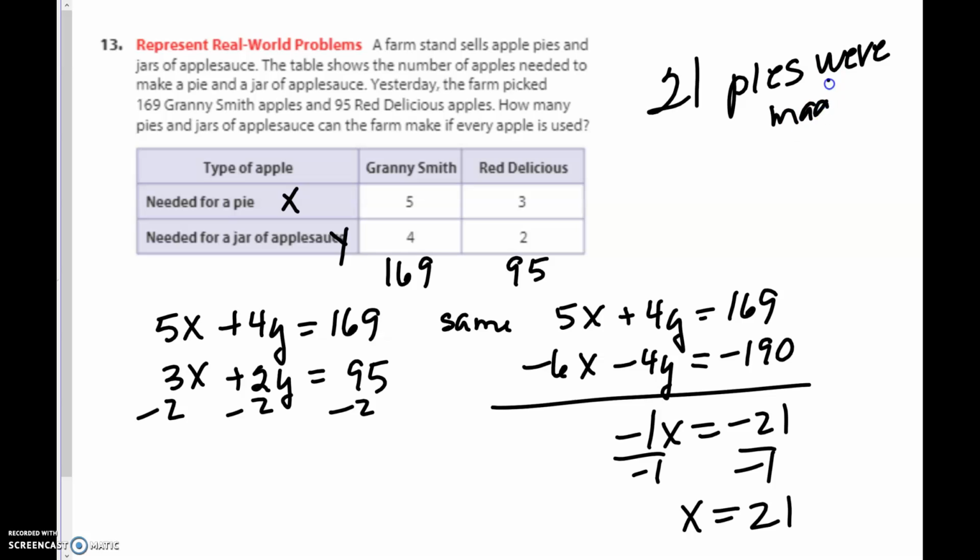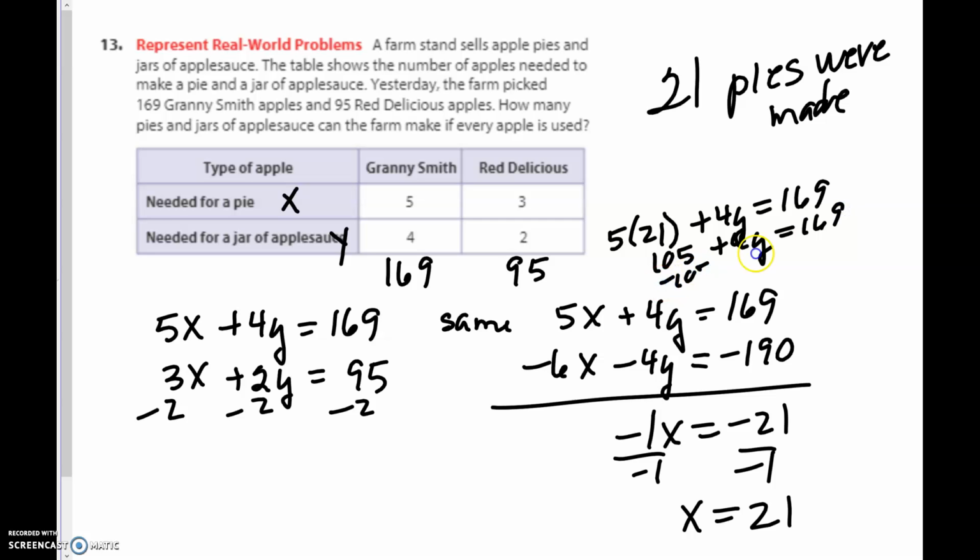Now let's go plug in that 21 for X. Let's just do it in this top equation here. So 5 times 21 plus 4Y equals 169. So 5 times 21, what's that, 105? Now let's subtract 105 from both sides.